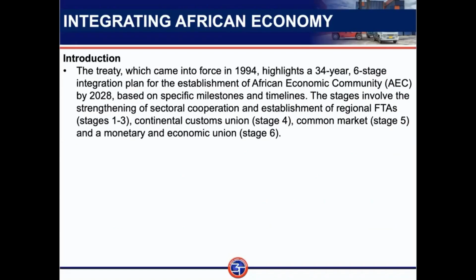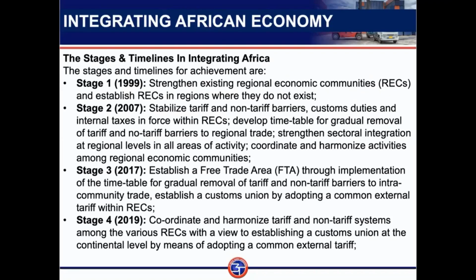The stages involve the strengthening of sectoral cooperation and establishment of a regional free trade area in stages 1 to 3, then a continental customs union in stage 4, and then a common market in stage 5, and then monetary and economic union in stage 6. So the plan of Africa is to be like the EU. Maybe that was why we changed our name from OAU to AU. The plan was to be like the EU.